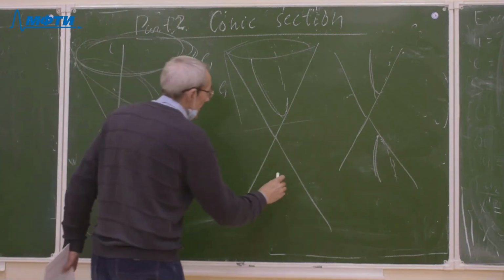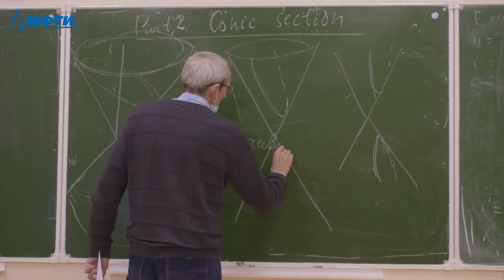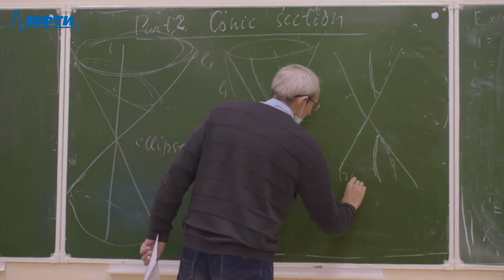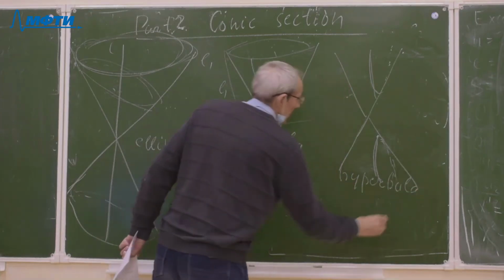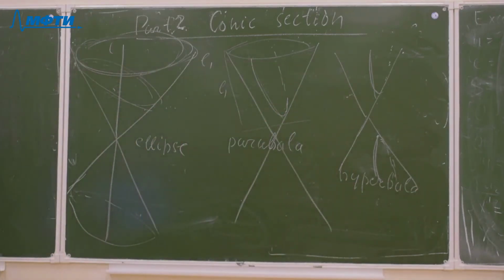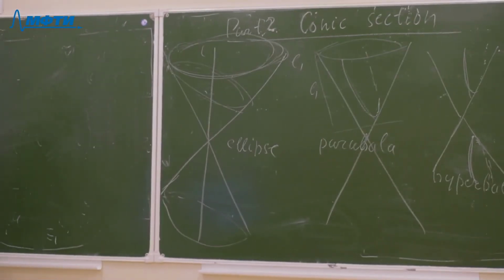Ellipse, parabola, hyperbola. We obtain three kinds of so-called conic sections.